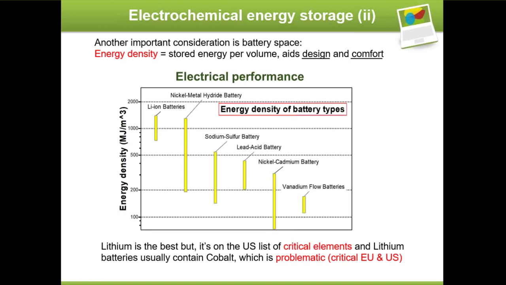But we have to think about it in terms of criticality. So lithium is a critical element on the US critical elements list. And lithium batteries usually also contain cobalt, and cobalt is a critical material for both the EU and the US.